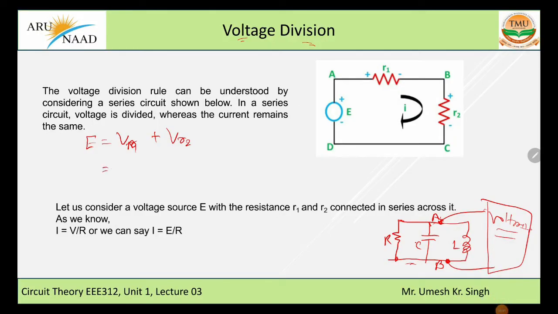VR1 is nothing but, if we have assumed a current I, then it is I into R1, and VR2 is I into R2. So we have to find the value of VR1 and VR2, and for that we have to find the total current flowing in the circuit.